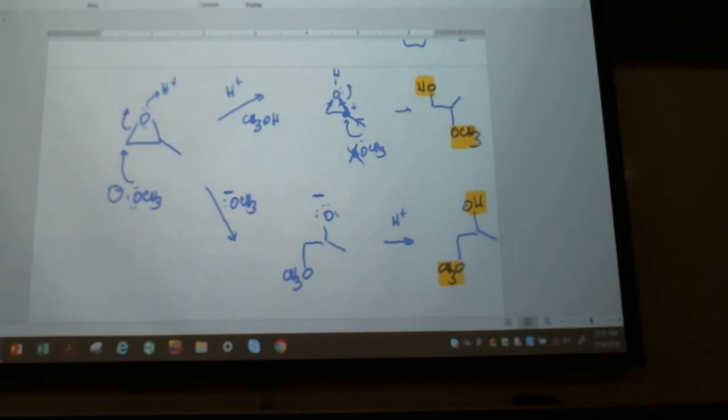So that's where you end up with a different result in the chemistry. Okay, so that one represents the acidic conditions, and the bottom is the Grignard one. So let's assume if this had been a Grignard, then this would have been a methyl group or something like that.